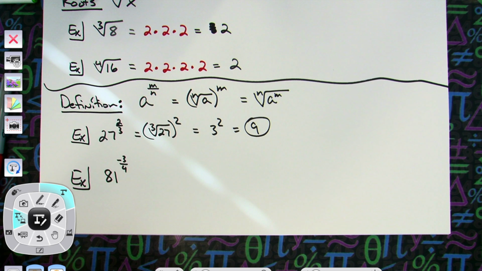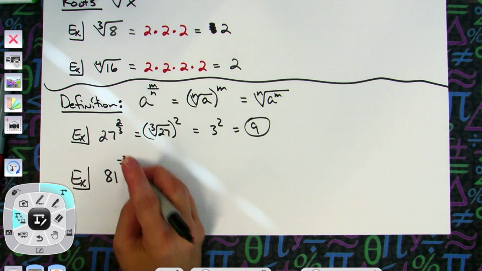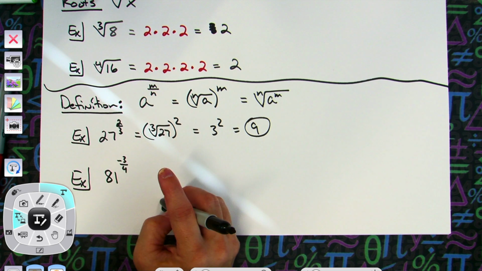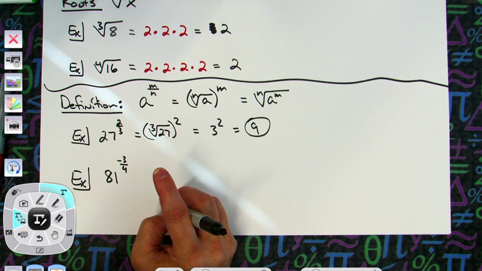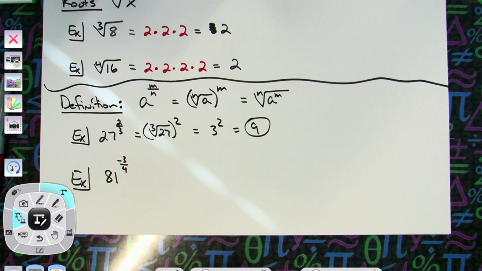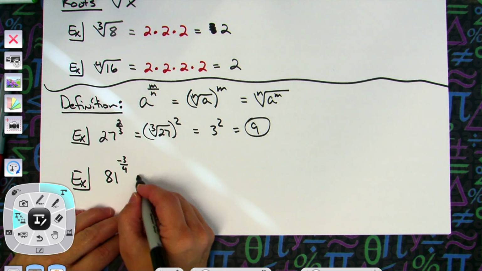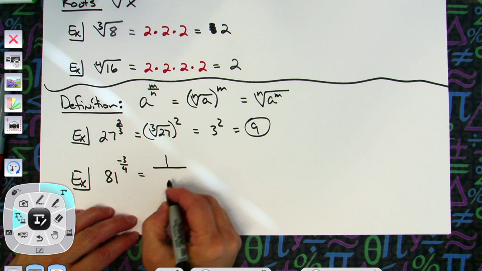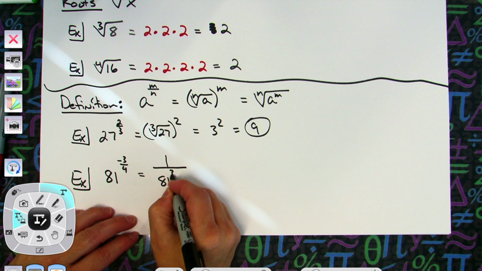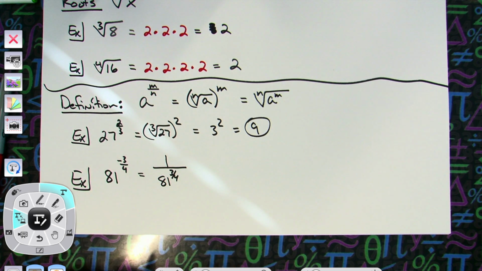So I would get rid of the negative first. I would move this entire thing to the bottom and make the exponent positive, which leaves an imaginary 1 on top. So I have 1 over 81 to the 3/4.